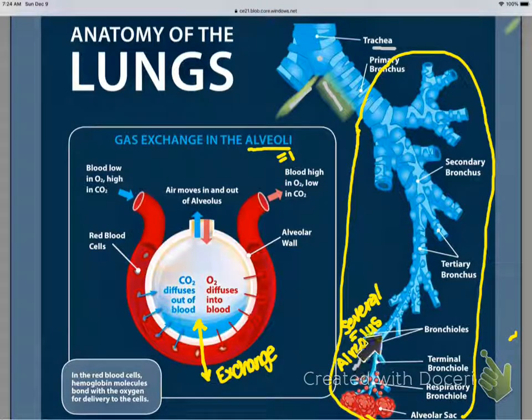And then it goes up, and this is just a small little picture to let you know how it looks, but there's a lot of these in the lung. I don't know how many, but a lot, because they serve the purpose of exchanging gas.